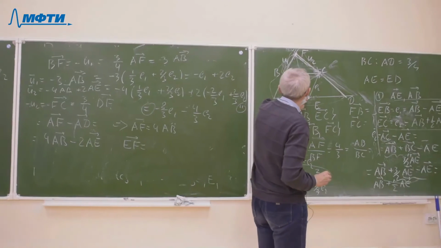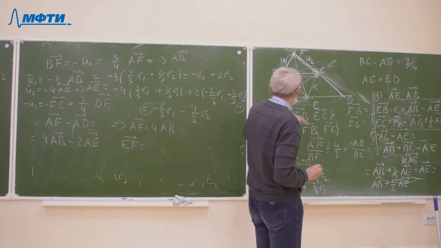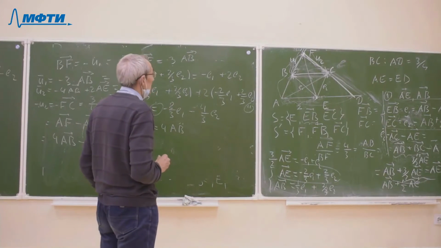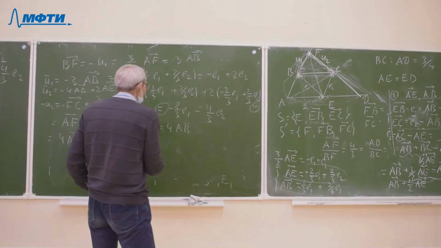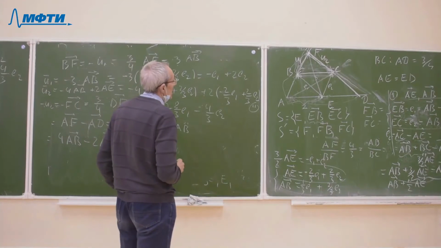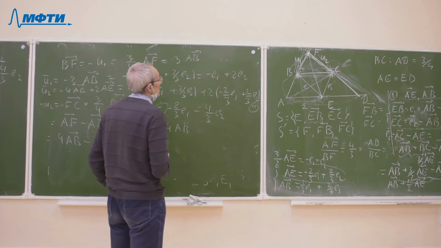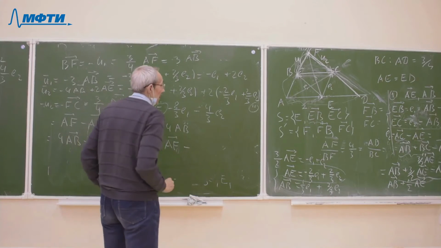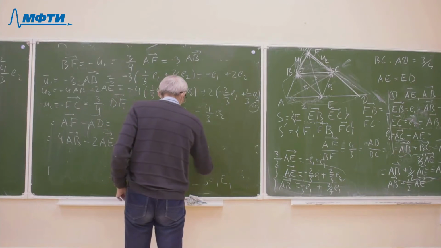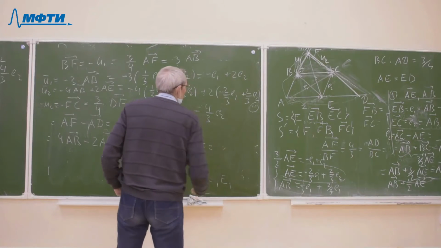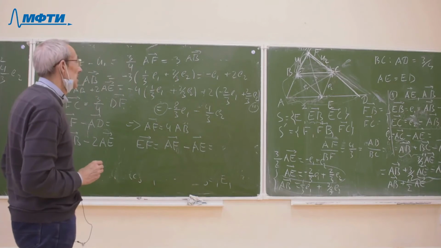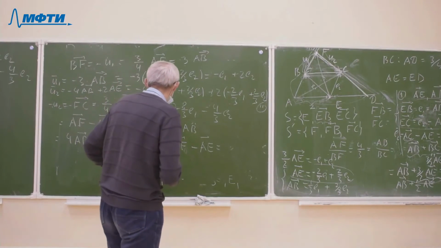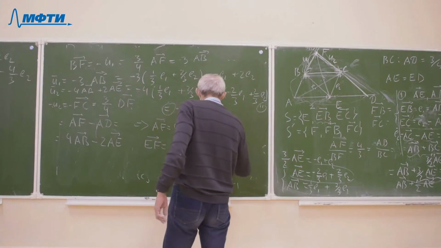Let's express EF in terms of AE and AB. Easy to see. EF is equal to the difference AF minus AE. And AF is equal to 4 AB.